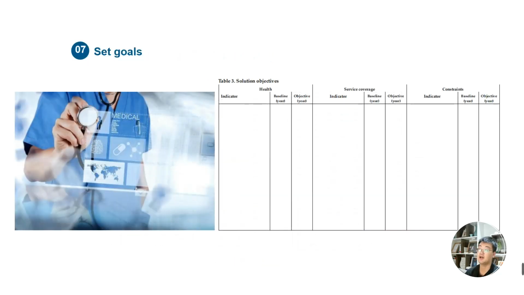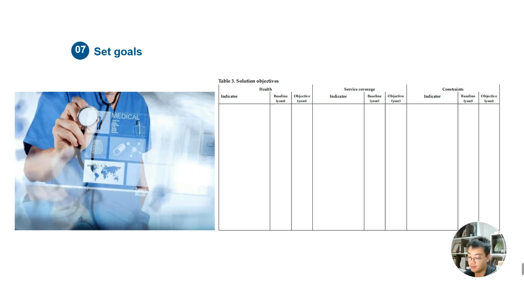Part 7. Setting goals. Here the team looks at the problem definition table, the problem diagram and the solution diagram, and checks for consistency between the three products.